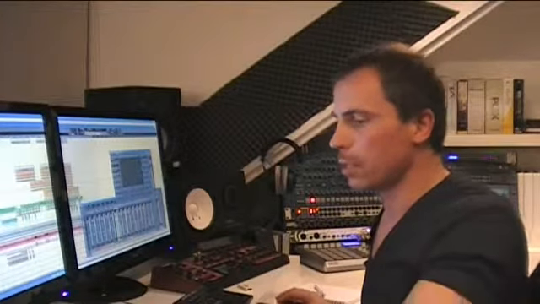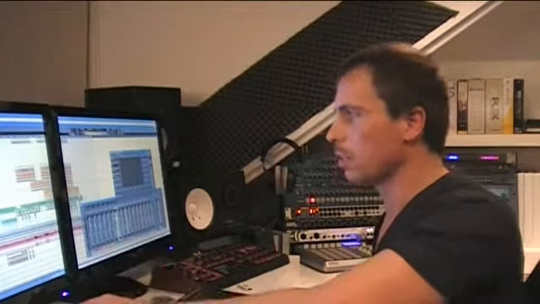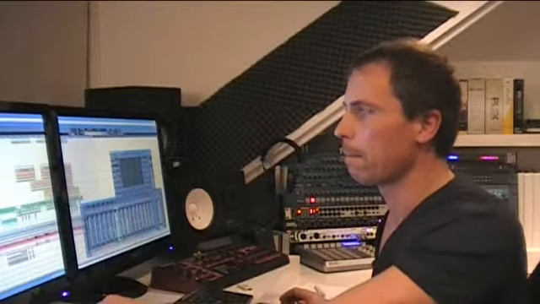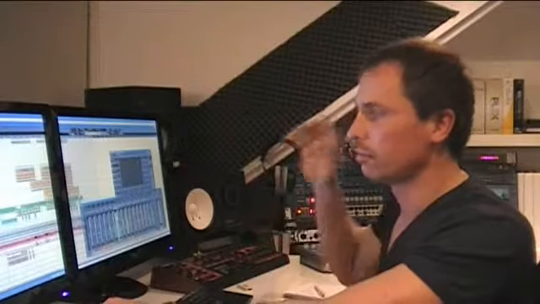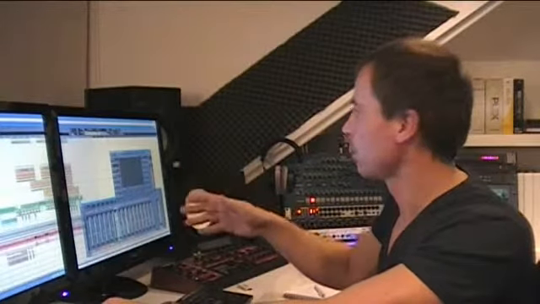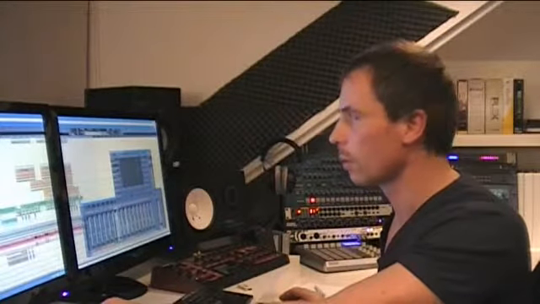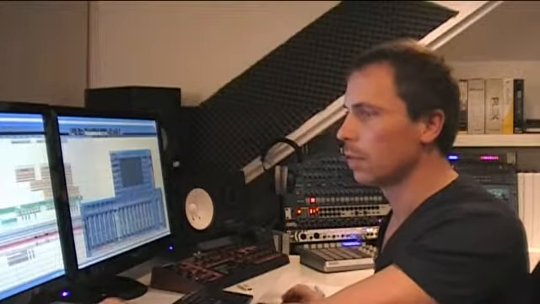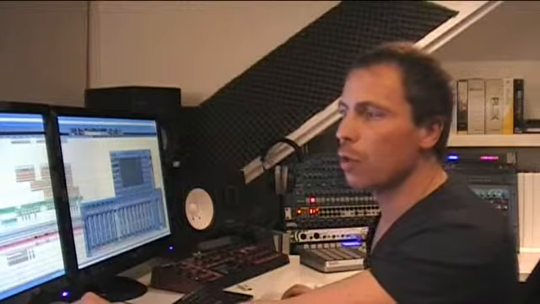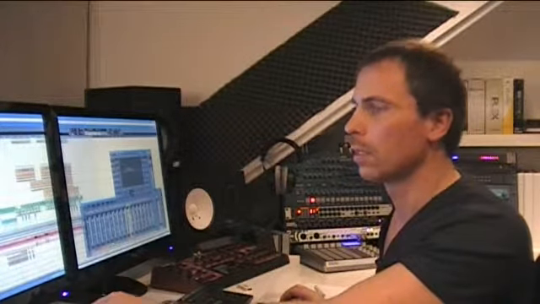And if I show you the complete song, also the Oberheim Matrix bass sound, this one, is coming back again in the song.